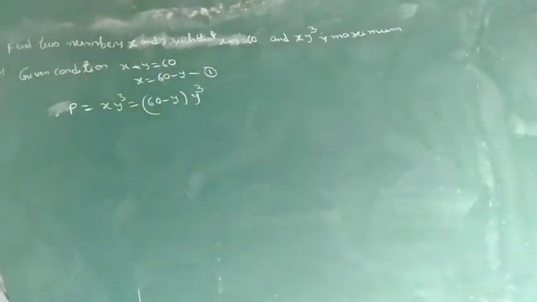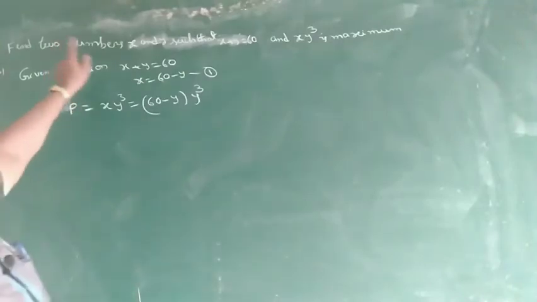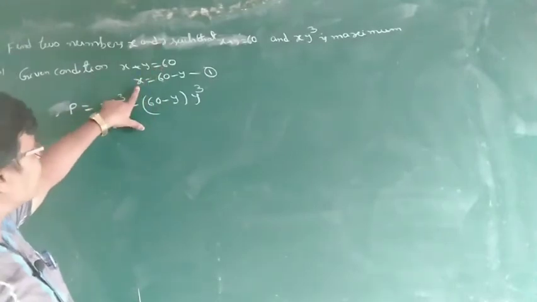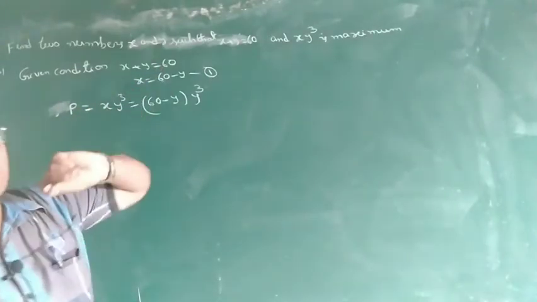Look at this carefully. In the previous three problems, what did we take? x plus y is equal to 60, so y is equal to 60 minus x.